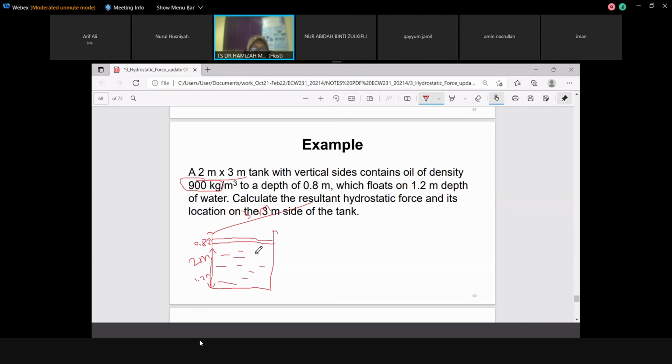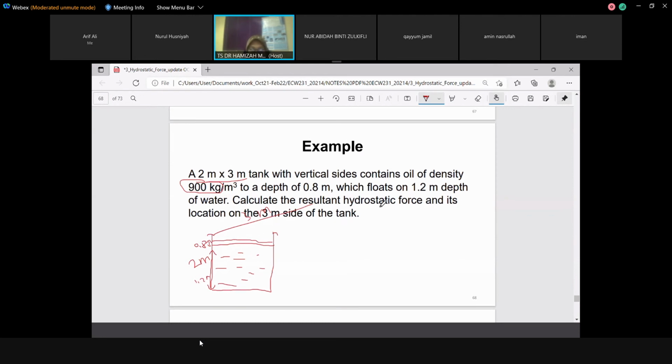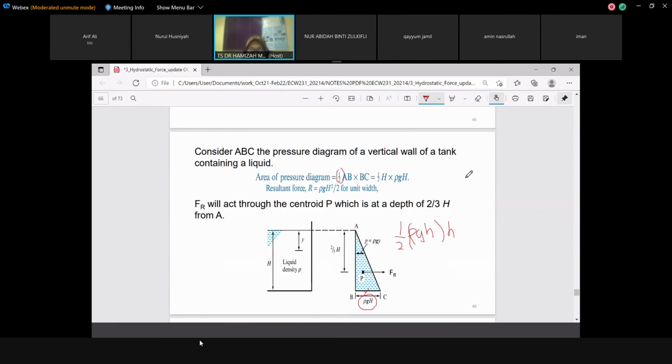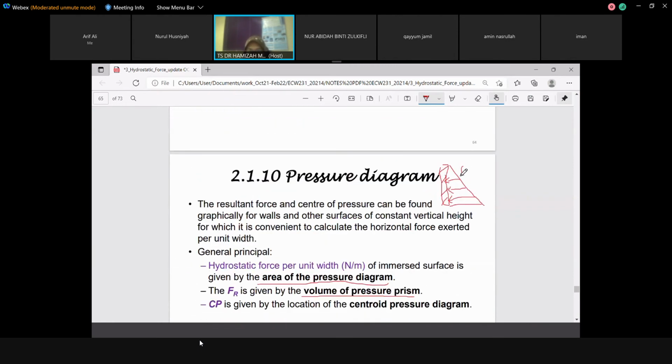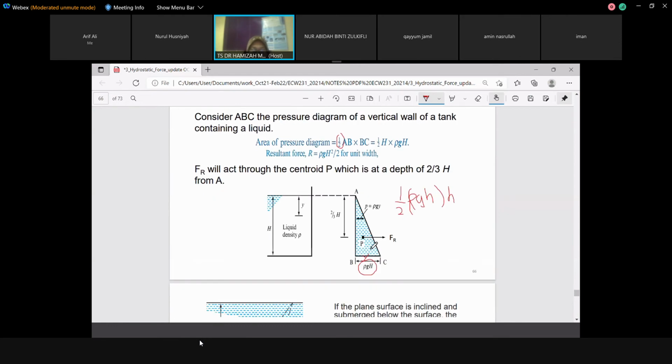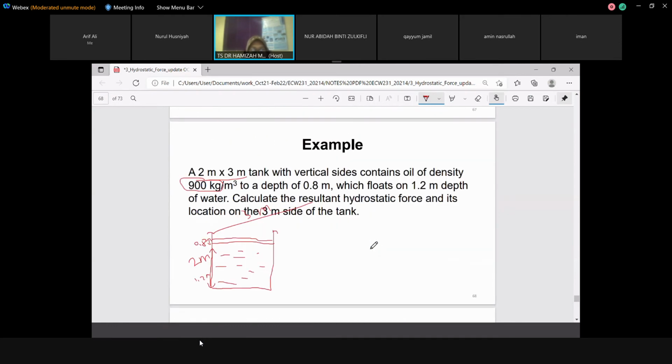Okay, now we need to draw the pressure diagram. So kita kena draw untuk oil dulu. Tadi yang atas ni saya tunjuk you, ini untuk satu fluid. Okay, now you have 2 types of fluid, which is oil and water.